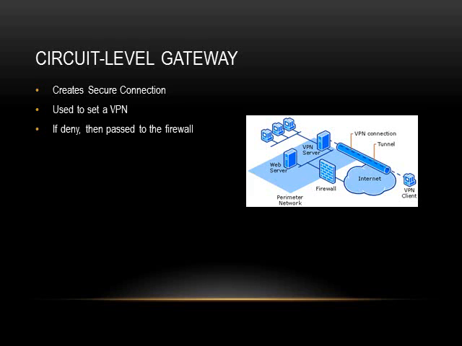The header of the packet is torn apart, verified that it is the secure location, and then it is passed by the circuit level gateway to a decryption device, and then straight into the network. Now, if it was not a trusted gateway or connection, the gateway would just deny it and send it on to the firewall to be inspected more.